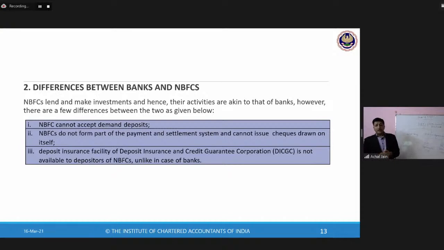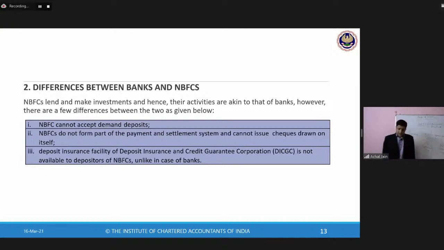NBFCs do not form part of the payment and settlement system and cannot issue cheques. They cannot issue cheques drawn on themselves, which the banks can do. Third, the deposit insurance facility of DICGC is not available to depositors of NBFCs, but that is available in the case of banks.